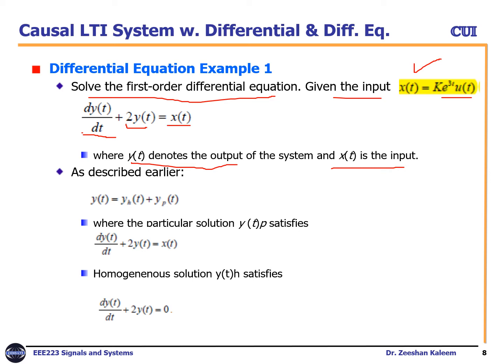As described earlier, for any solution we have two types: y homogeneous plus particular, where the particular solution satisfies dy/dt + 2y = x(t), and in this way we write the equation for the particular solution, whereas for homogeneous we have dy(t)/dt + 2y(t) = 0. Here we have a 0.